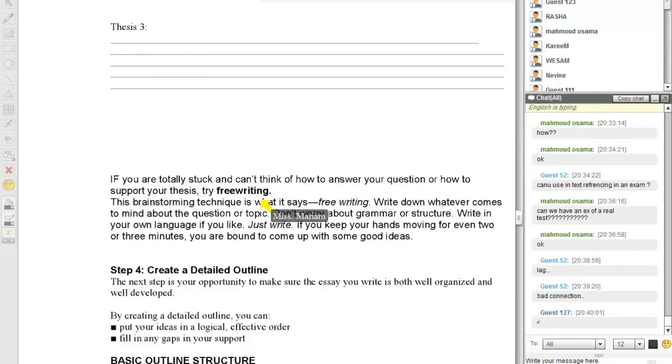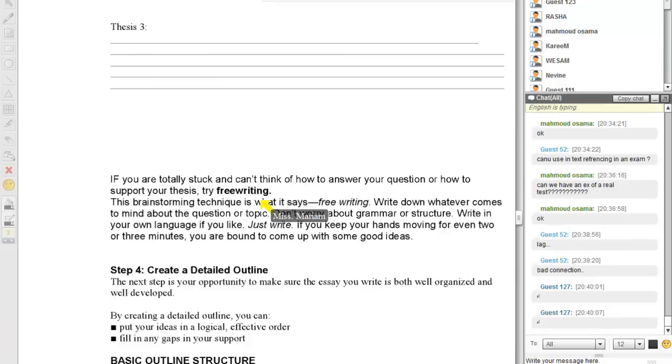For native speakers, all they do is rearrange, copy and paste from one place to another. But for us as non-native speakers, it will take a lot of time. It's a waste of time.